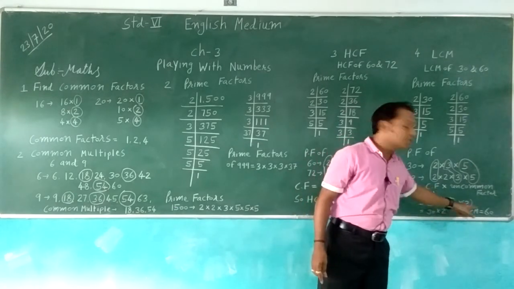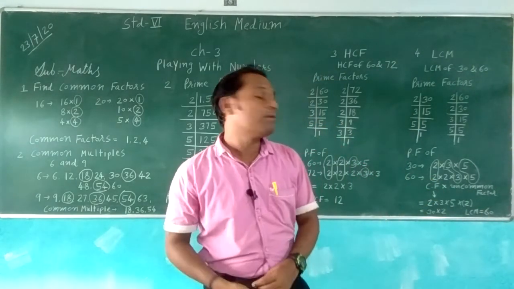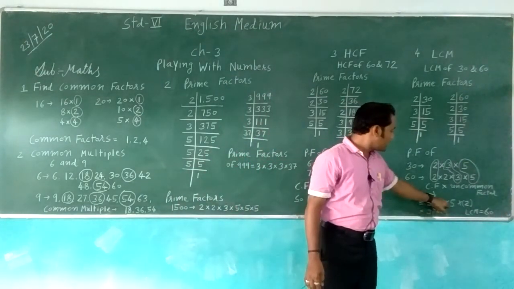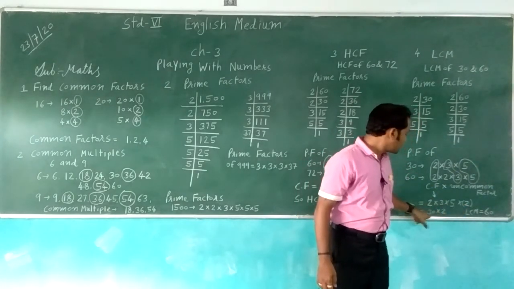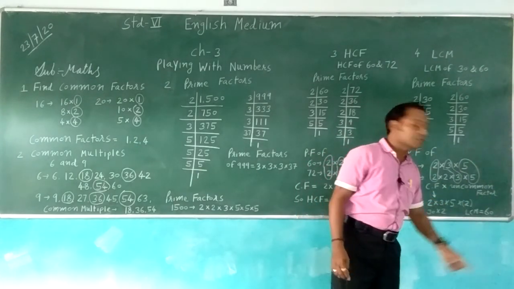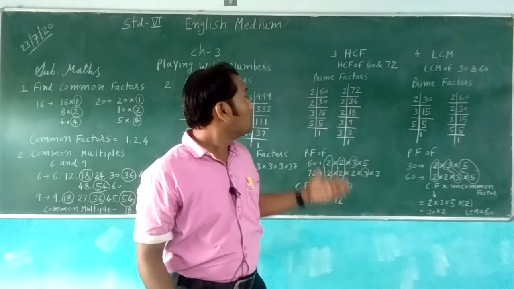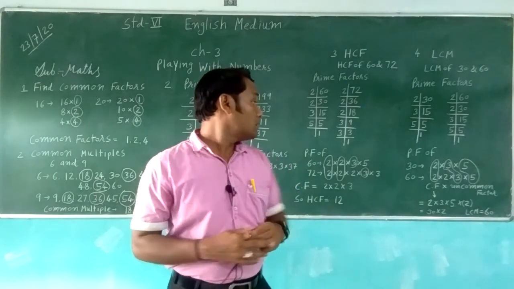And this 2 is given in a bracket because it is the uncommon factor. So this 30 is the multiplication of the common factors, and this 2 is the uncommon one left. So 30 multiplied by 2 is 60. 60 is the LCM. So the LCM of the numbers 30 and 60 is 60.